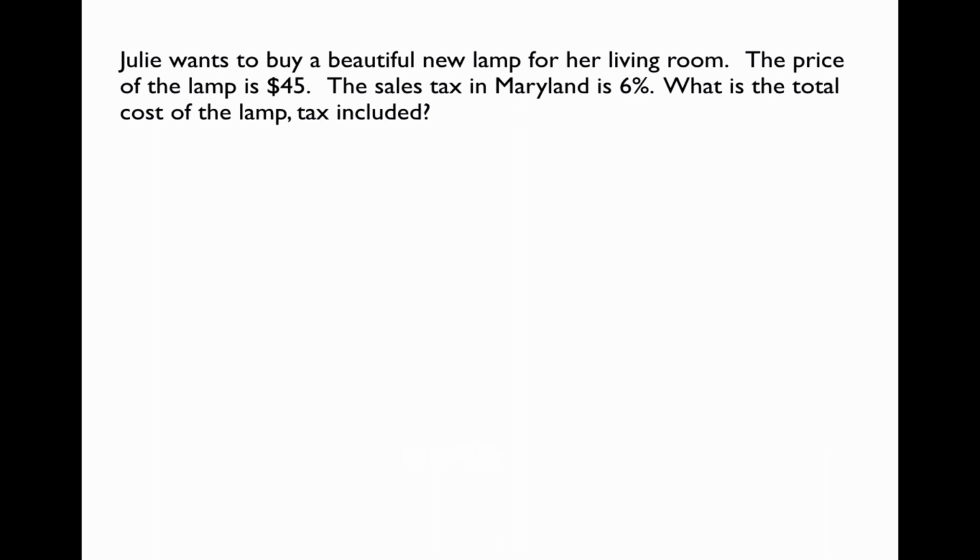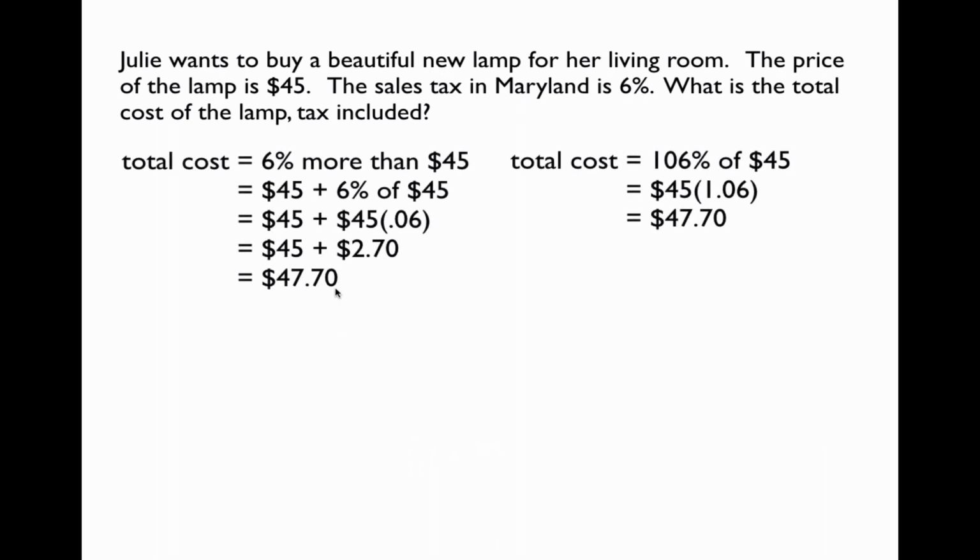All right, now there are two approaches, two ways that you can figure this out. You can think that the total cost is going to be 6% more than $45. So in order to find that, you'd have to find 6% of 45, which is going to be $2.70, and then add that to the $45, which would be $47.70.